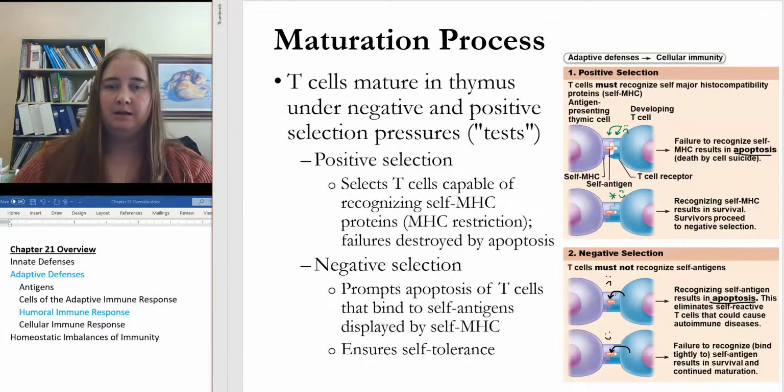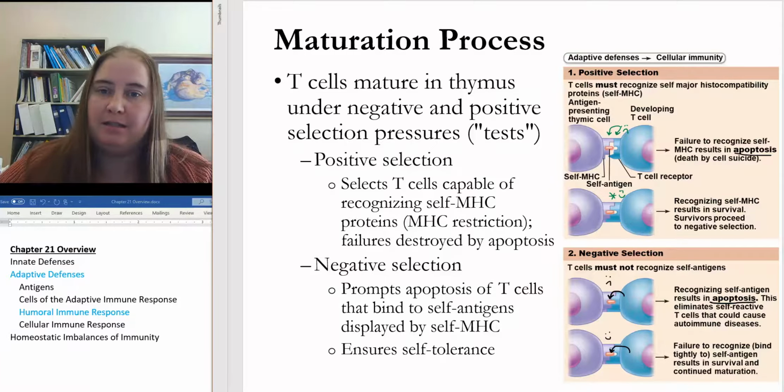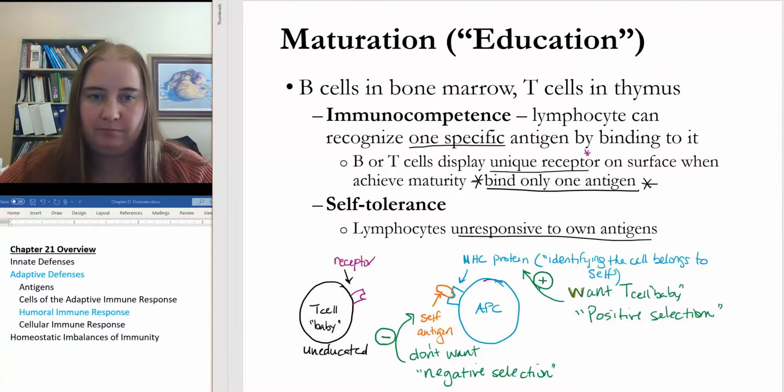Okay. Now, this will take a little bit of conceptually drawing out and going through, okay? But hopefully the drawing on the previous slide will help us. Ultimately, what this process does, it ensures self-tolerance.